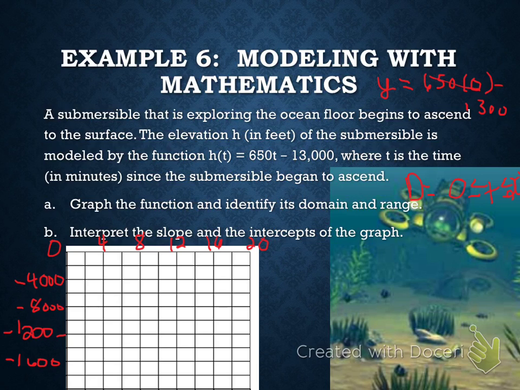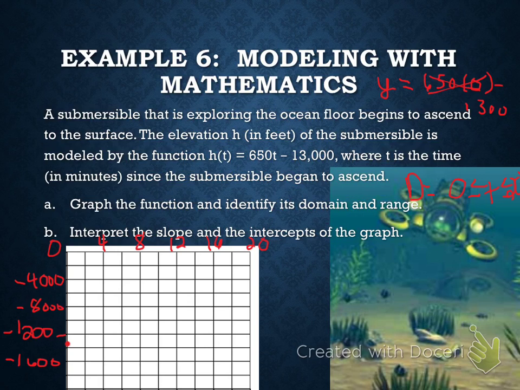So this would be nothing, so y is going to be negative 1300. So at negative 1300, which is going to be between 12 and 14, so about right there's 1300. That's where you're going to have the y-intercept.